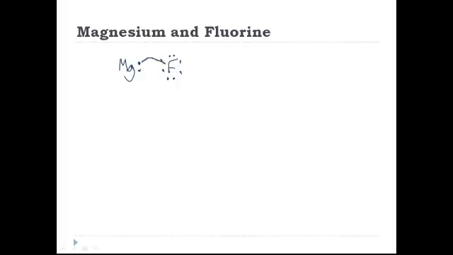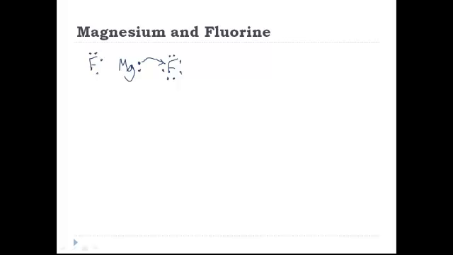So magnesium can really easily give fluorine 1 of its valence electrons. Well, here's a problem. Magnesium has 1 more to go in order to have a full valence shell. It wants to get rid of both of these, so the next energy level down will become its valence shell. So what if it finds another fluorine? If there's 1 around, surely there will be more than 1.